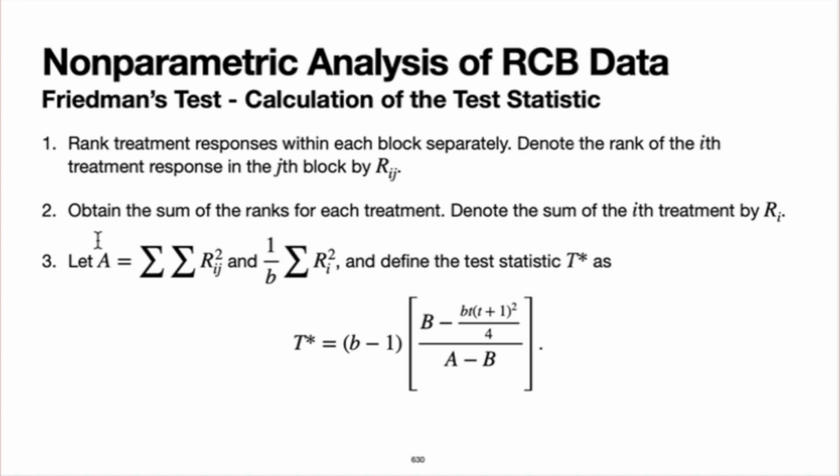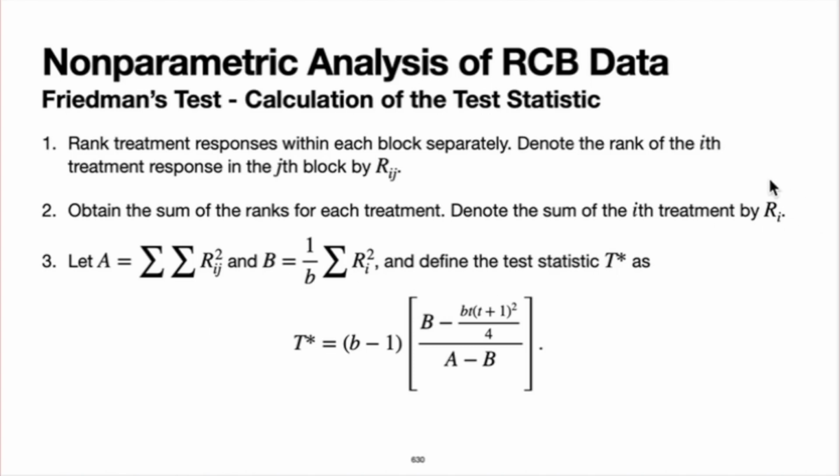Okay, once we've done that, then we obtain the sum of the ranks for each treatment. For a given treatment, for example treatment 1, we have to find the rank of that treatment within each of the blocks, and then add those ranks up. We're going to denote the sum of those by capital R sub i. And then using the R sub ij's and the R sub i's, we're going to calculate two additional values. A is equal to the sum of all of the R sub ij squared. So we take these R sub ij's and square each of them, and then add those squared values up.